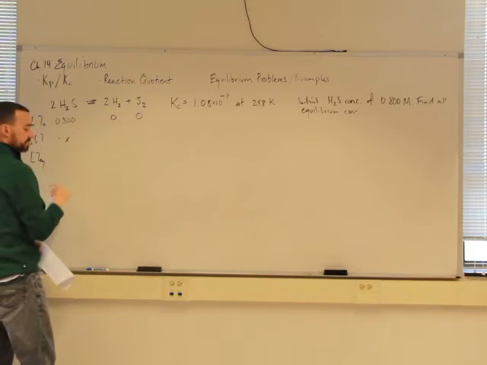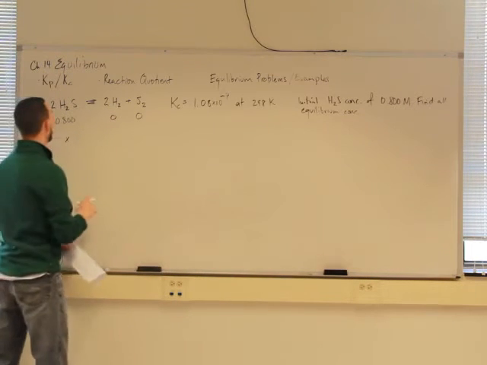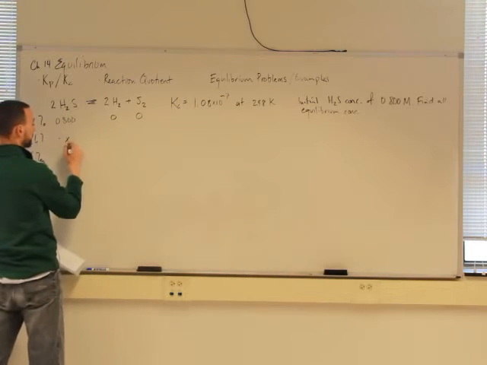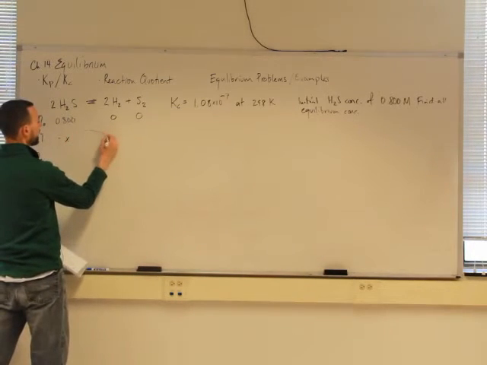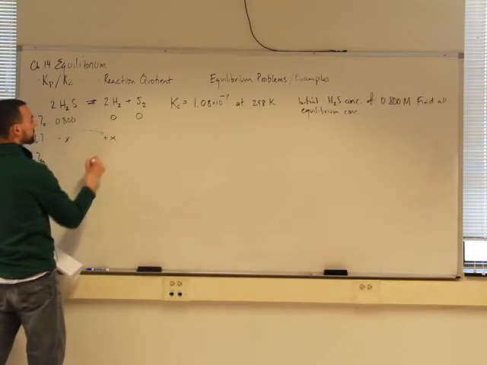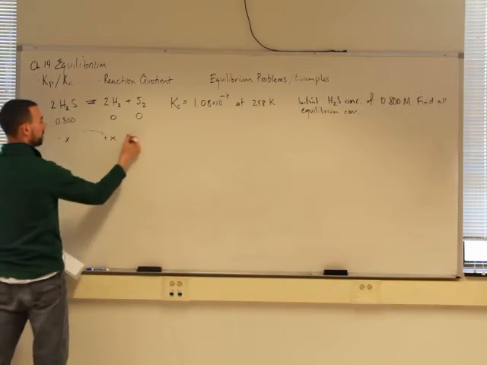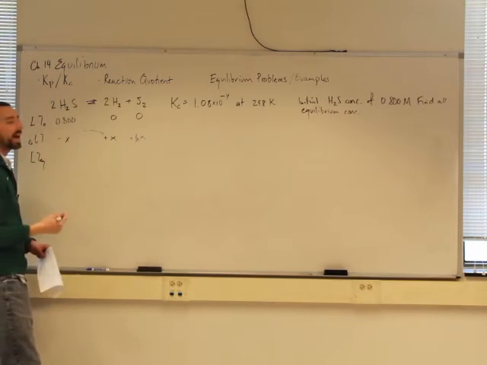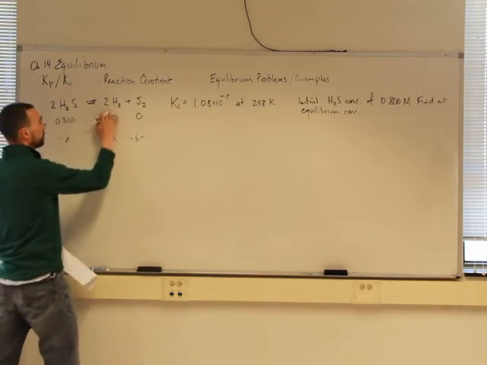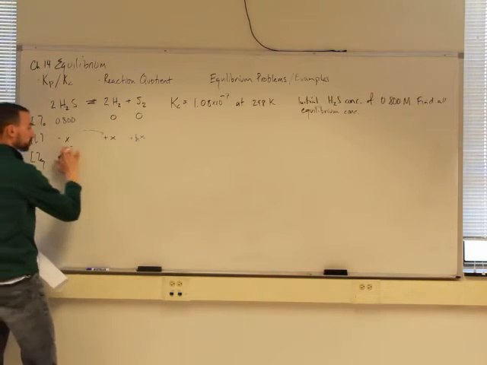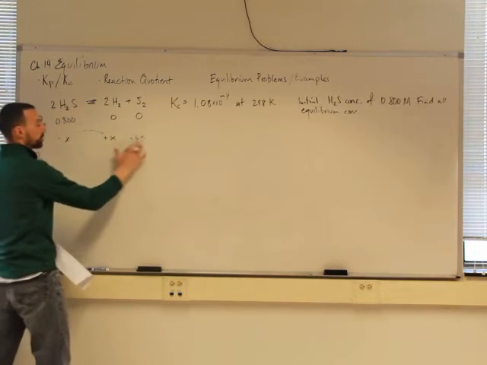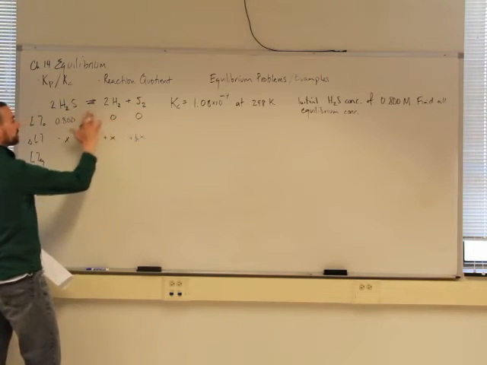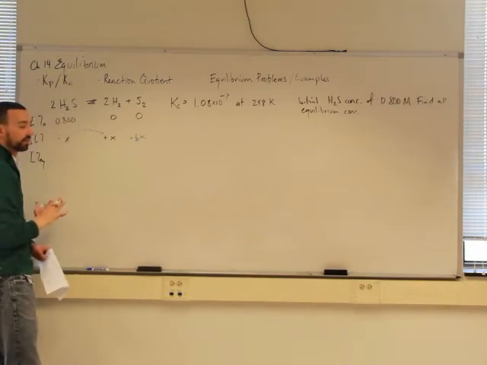If I say that X of the H2S disappears, then X of the H2 will appear. But the quantity of sulfur will only be half of that because of the 2 to 2 to 1 ratio. And this row must match the three numbers: 1/2, 1 to 1 is the same as a 1 to 2 to 2 ratio.